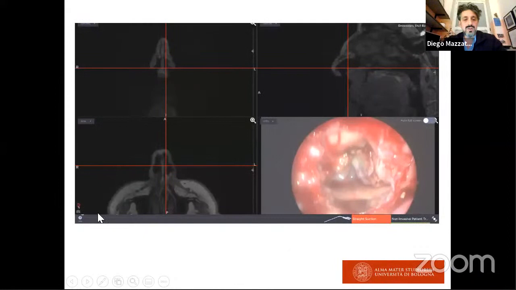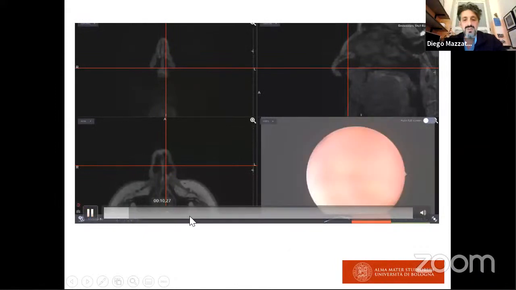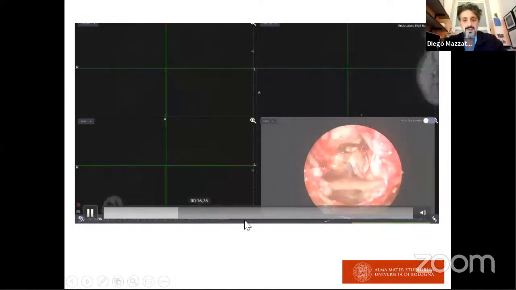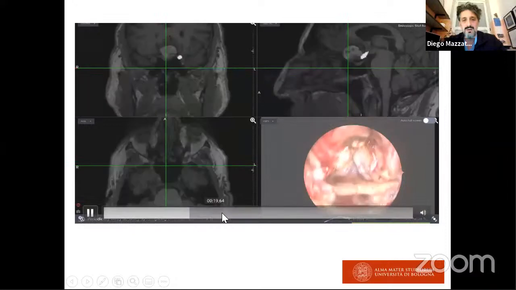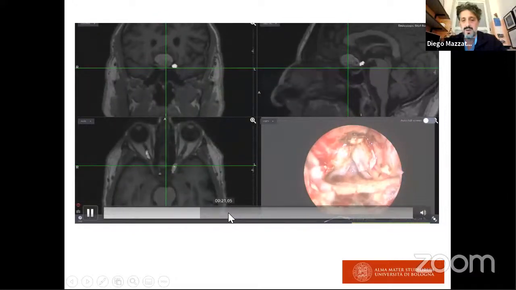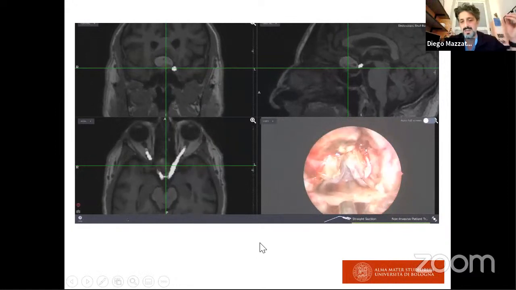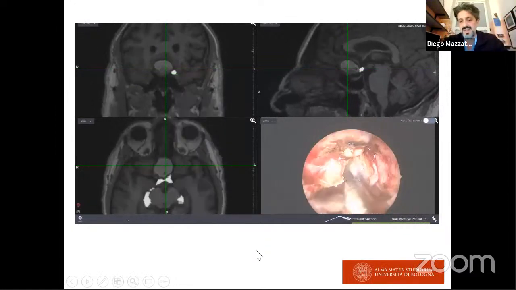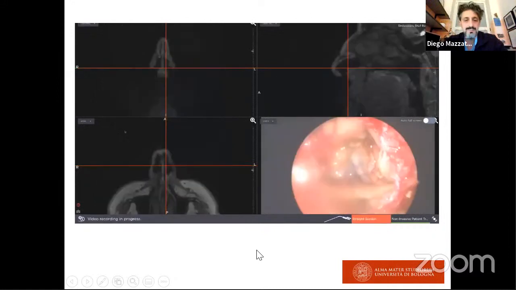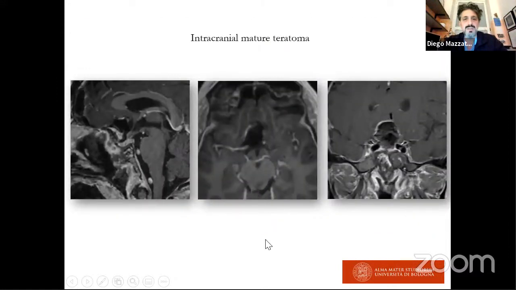And I show you quickly the confirmation, during the tumor removal, of using tractography for the optic pathways in this case too, and the close correspondence between the navigation and the preoperative MRI. This was the result, and the diagnosis was intracranial mature teratoma.